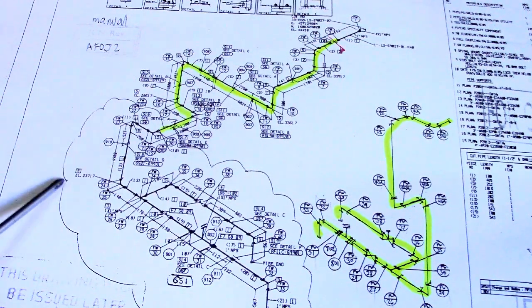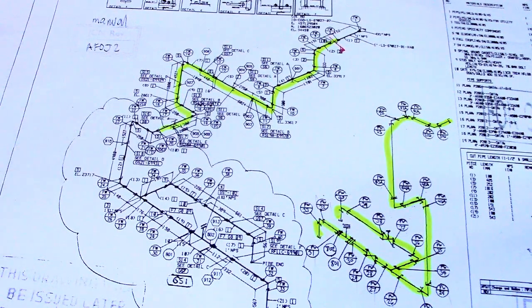This is a cloud, so it means they have changes in the isometric. So there are new isometrics, changing orientation, or additional joints, additional supports.